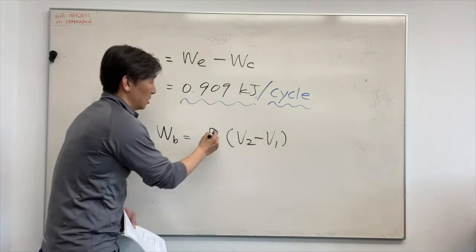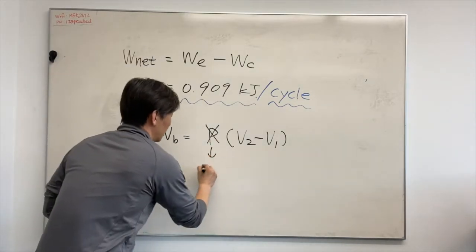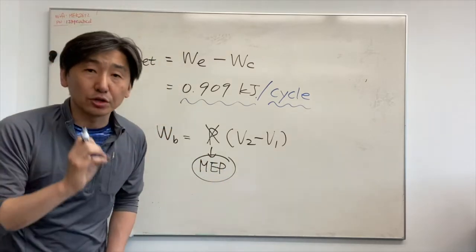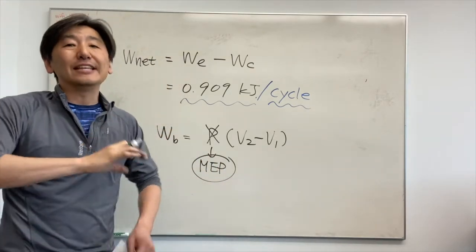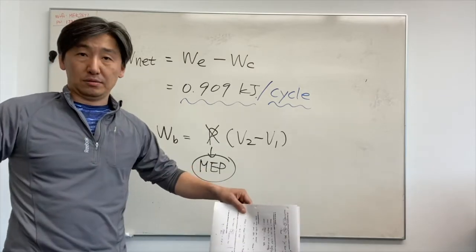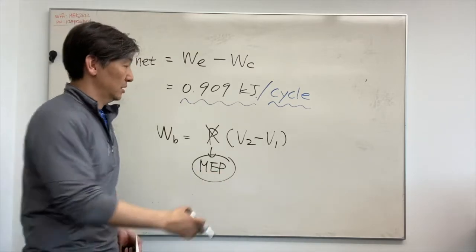So instead of P here, we use MEP because again, now we assume that if your engine entirely operates at constant pressure, then your volume changes from the minimum to maximum here.